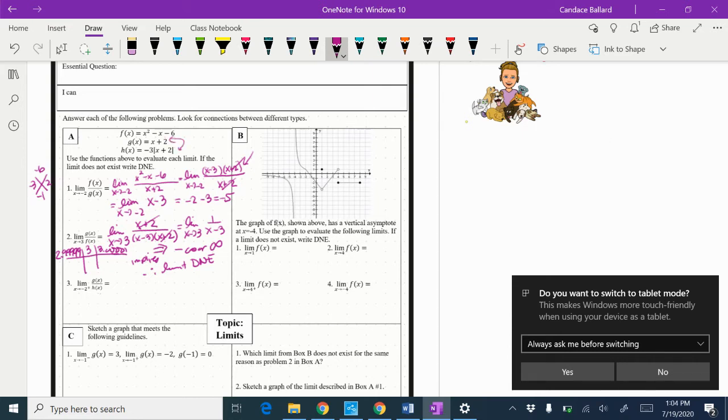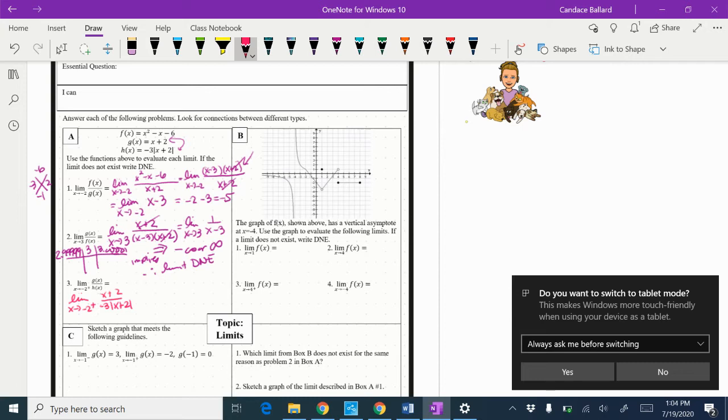All right, now we're doing g of x over h of x, so we're switching functions. We're doing these two. So I've got the limit as x approaches -2 from the right. I really should have used a different color. Let me go and do that. And I'm going to write a little lower. So the limit as x approaches -2 from the right of x plus 2 over -3 times the absolute value of x plus 2.